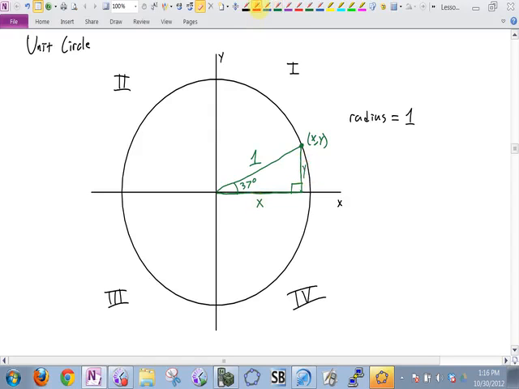So let me ask you this. In the unit circle, it has to be a unit circle. None of this makes sense if the radius is not 1. Radius has to be 1. So the hypotenuse is 1. According to this triangle we have drawn here, what is the cosine of 37 degrees?